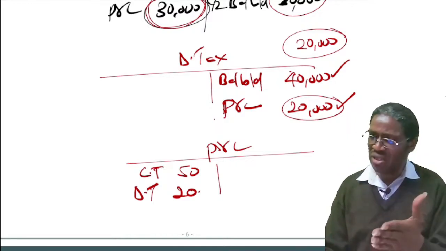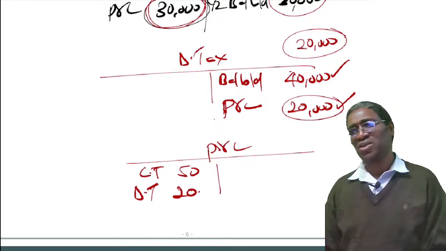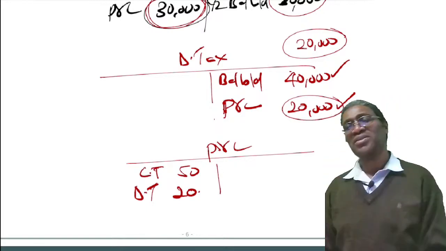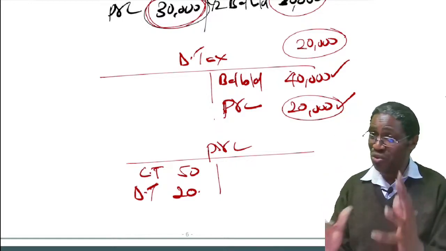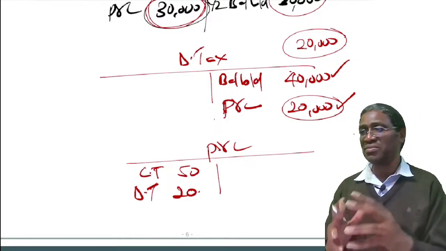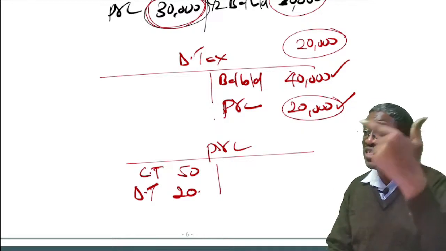When they say deferred tax to be increased by 20,000, or whatever the amount, you needed to know deferred tax is a liability, and therefore, being a liability, I go credit to increase it.